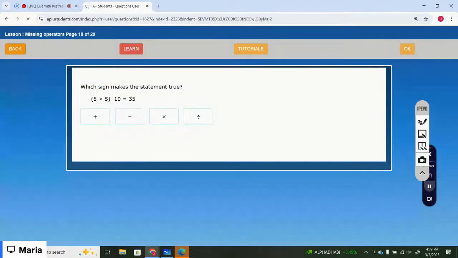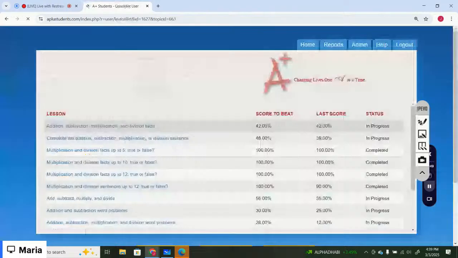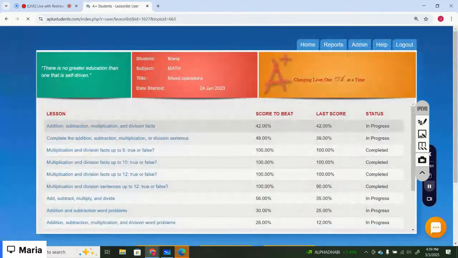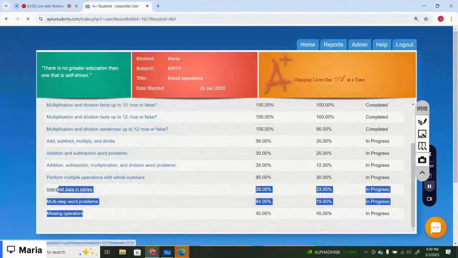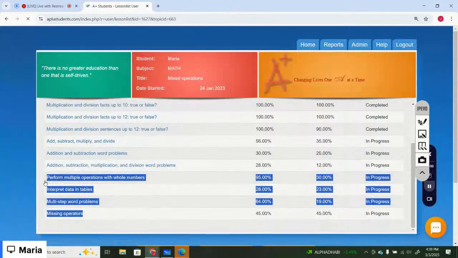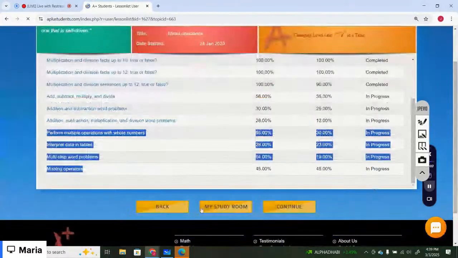So we are working on grade 3 math. The chapter we are working on is mixed operations. The lessons we have covered today are perform multiple operations with whole numbers, interpret data in tables, multi-step word problems, and mixed operators.